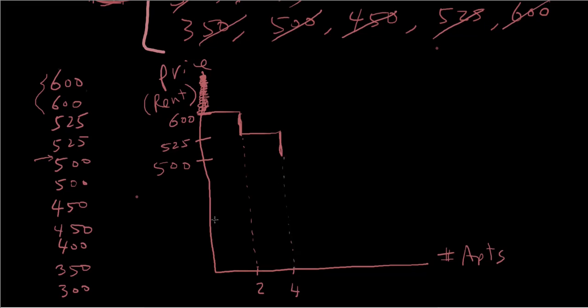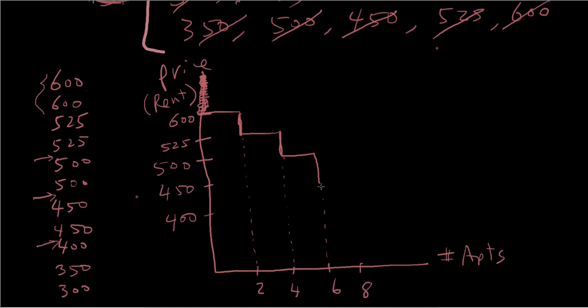Now if the price is between 450 and 500, then 1, 2, 3, 4, 5, 6 people, so 6 units are demanded over this price range. Between 400 and 450, 2 more, so 8 units.